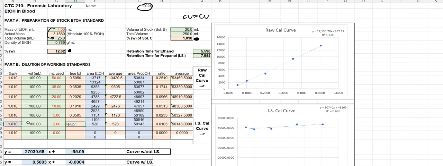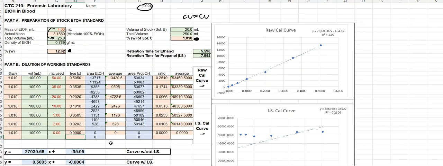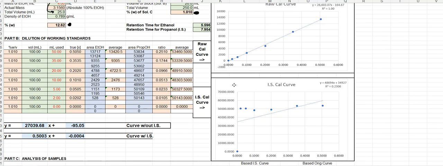Same deal, took that concentration, took that volume, and divided by 100. All right, so here are the concentrations that we have calculated for our standards. And of course, the concentration for my blank is 0, so I can add 0 into the mix. And there we go. Now I'm going to delete this just for a second.